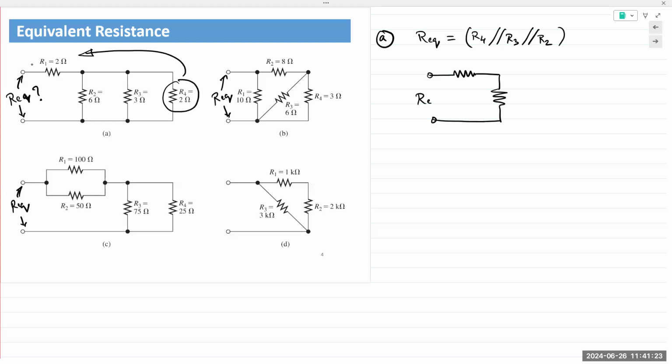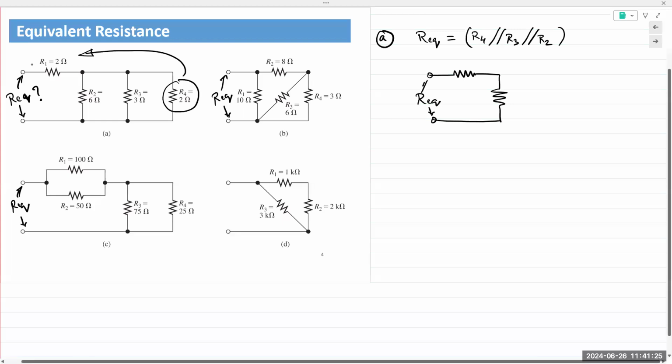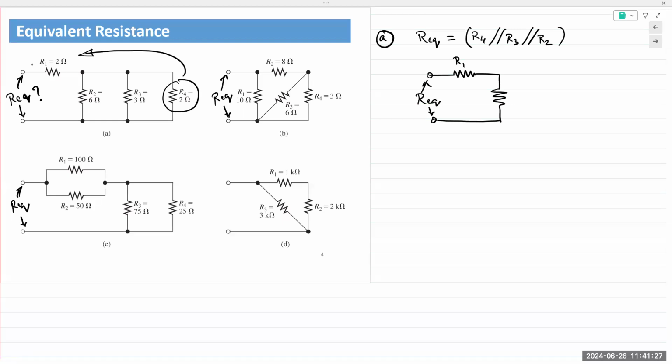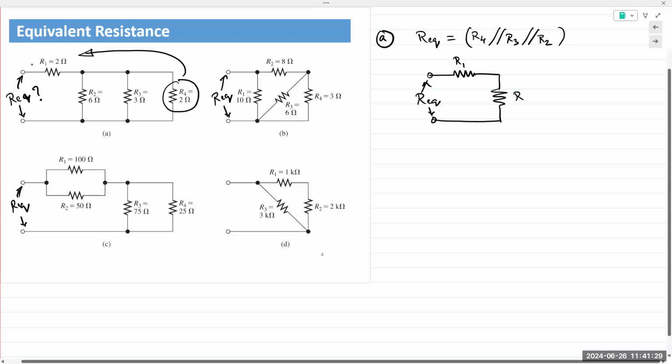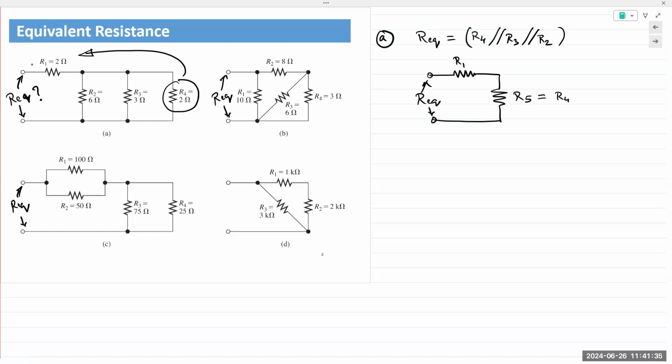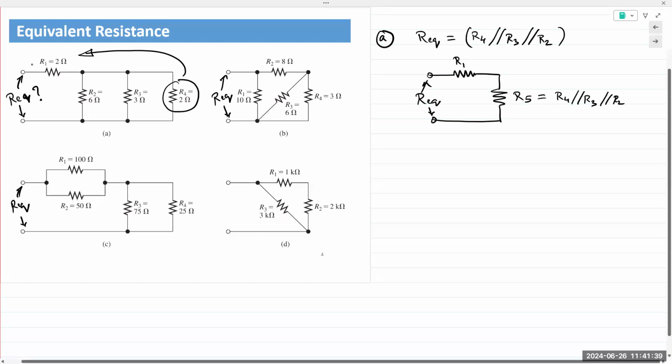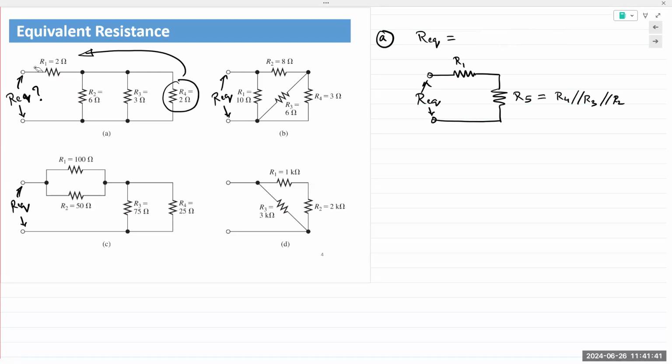I'm still going to call this Req. This is still R1. I'm going to call this R5. R5 is R4 in parallel with R3 in parallel with R2. Make sense so far? Right?